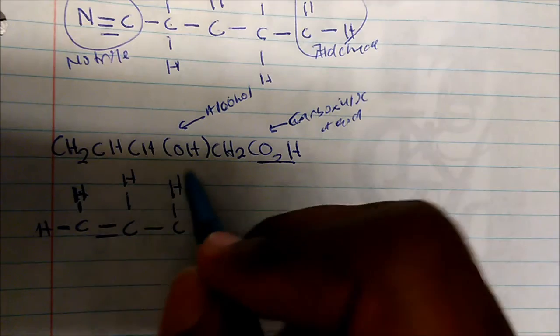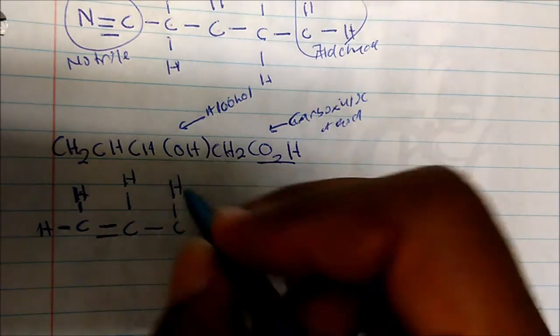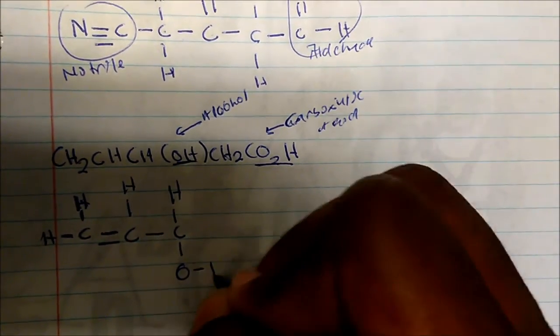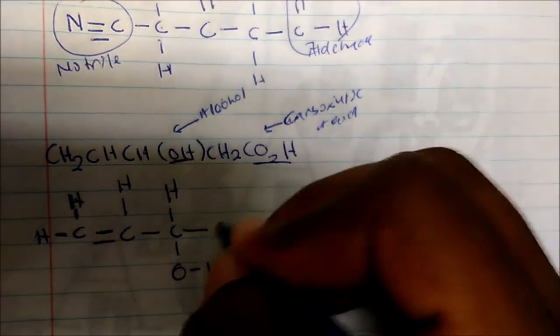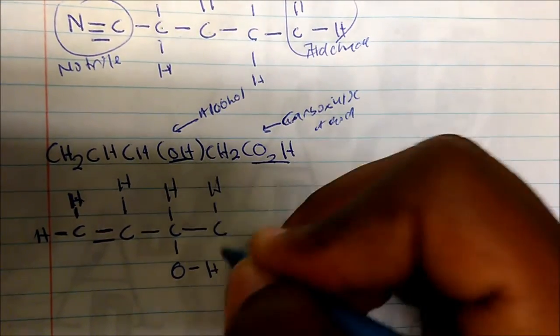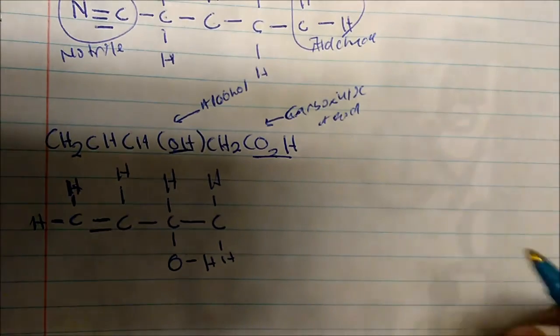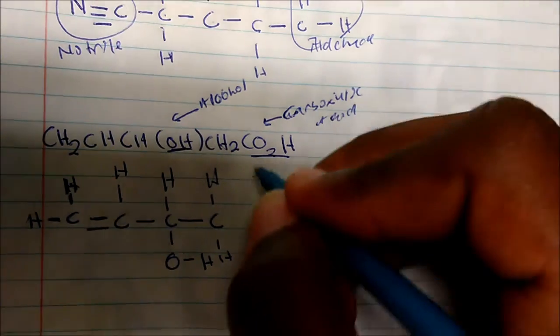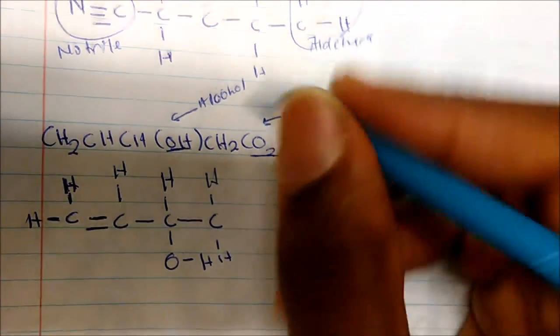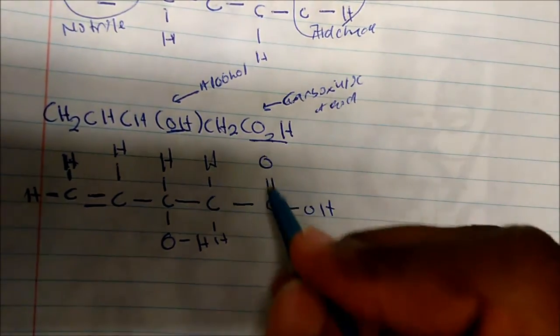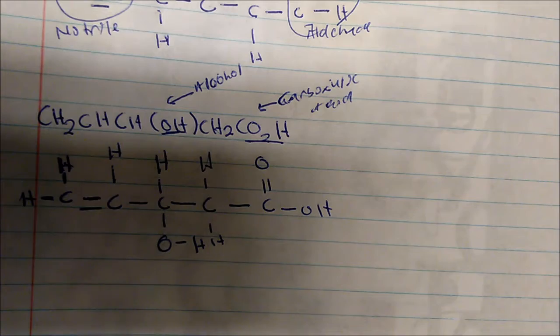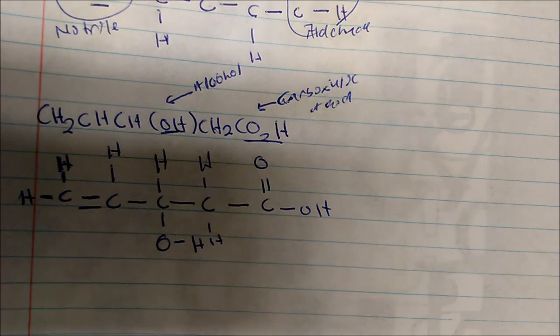So we have a CH, and remember, the alcohol is branched off, so the OH is branched off there. And then we have this carbon that's bonded to the C that has two hydrogens around it, and then we have the CO2H, which again is a carboxylic acid functional group, so we know how to draw that. C double bonded to an O that also has an OH, that's a carboxylic acid functional group.